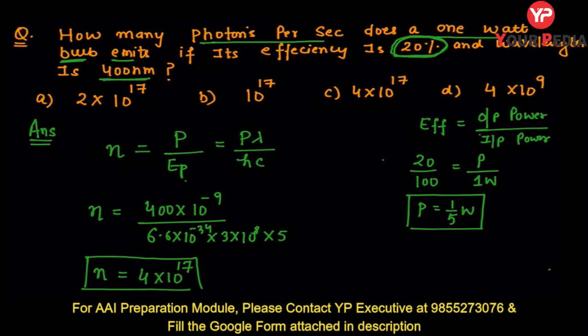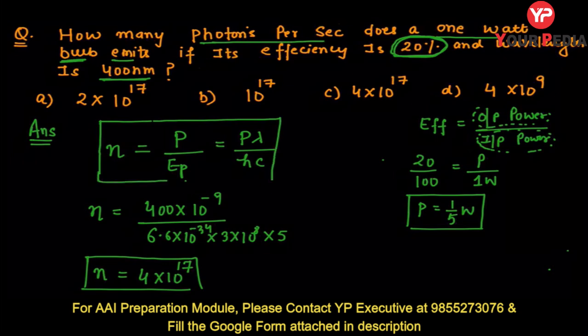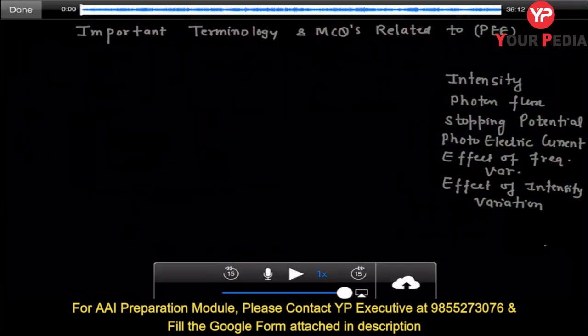So using efficiency as output of any device divided by input, input power is 1 watt, then the output in the form of light is 1 by 5, because it is 20% efficiency. Fine. And by using the relation for the number of photons emitted per second, I can directly calculate. So these are the types of questions which were asked in the exams, right?